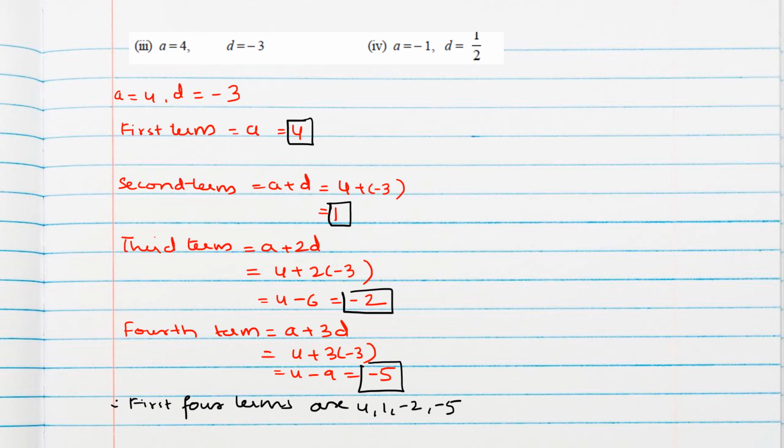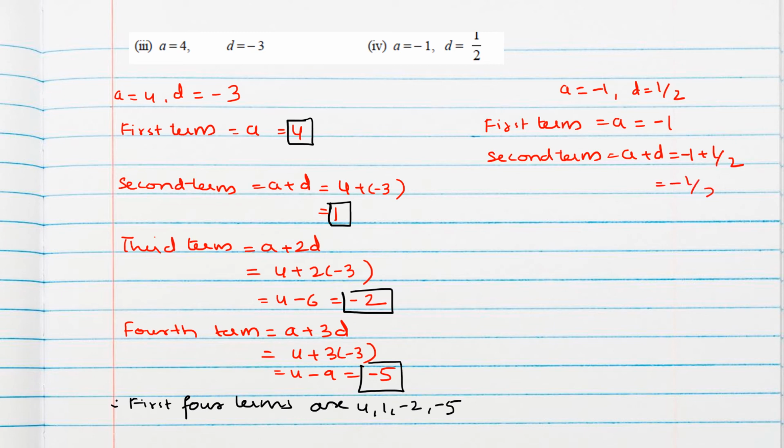For the next question, A is minus 1 and D is half. So the first term will be A, which is minus 1. The second term is A plus D, that is minus 1 plus half, which will give negative half. The third term will be A plus 2D. So A is minus 1 here, and 2 into 1 by 2, the 2s cancel, so we get minus 1 plus 1, which gives 0.